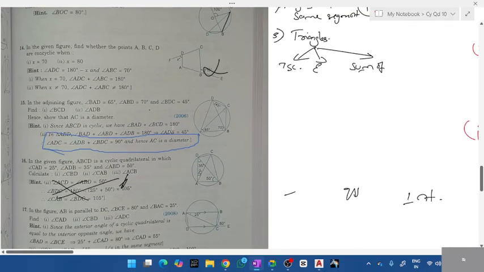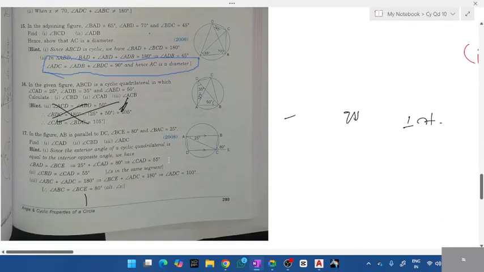Try the 15th one, not 15th, 17th one, apply exterior angle, parallel line.